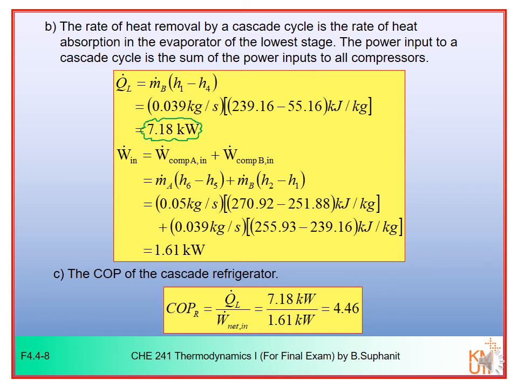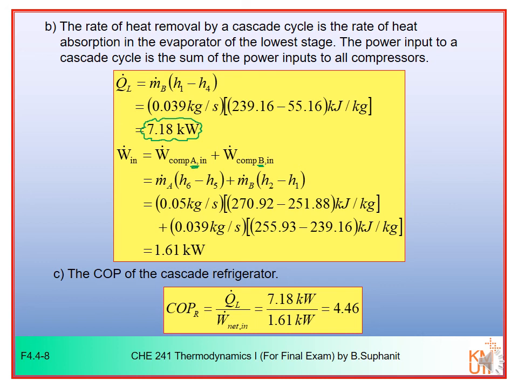W net in would be the work required for compressor A plus the work required for compressor B. The work required for compressor A would be MA dot multiplied by H6 minus H5. The work required for compressor B would be MB dot multiplied by H2 minus H1.